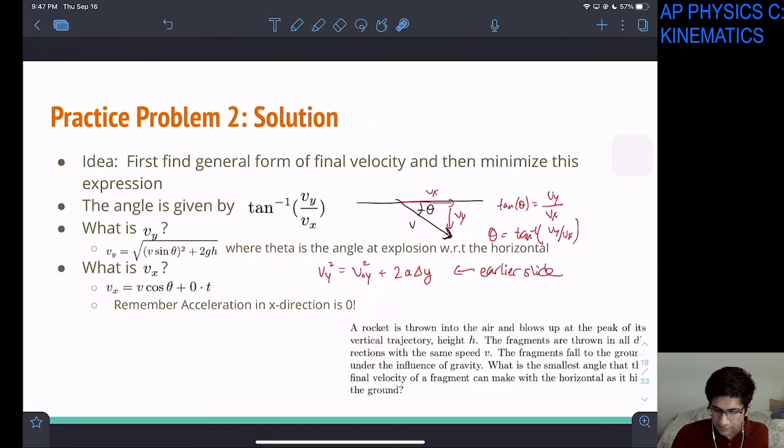Height h is a given. Now you might be saying, oh wait, is it minus g? Is it plus g? What is it? Well, this is tricky. So what we're going to do now is say that in this problem, this is the positive x direction.